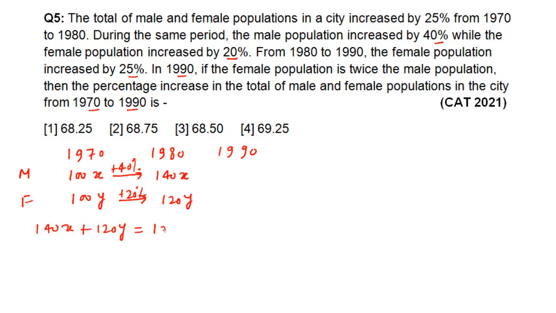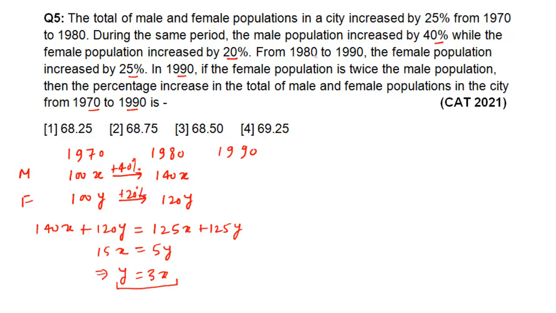So we can write 125x plus 125y. This is 25% more than the value in 1970. With the help of that we can calculate the relationship between x and y. So we can write here 15x is equal to 5y, or y is equal to 3x. So we got the relationship between x and y.